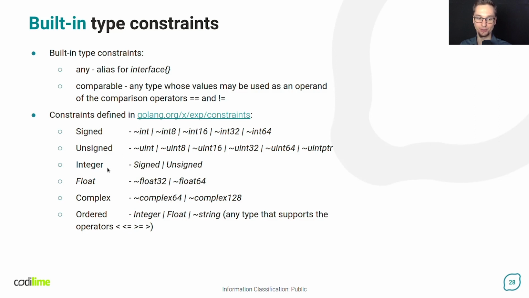Integer constraint allows all integers. Float allows all floats. Also, that's the case for the complex constraint. And also we have an ordered constraint, which allows all types that have such operators listed here. So it's basically all integers, floats and strings.